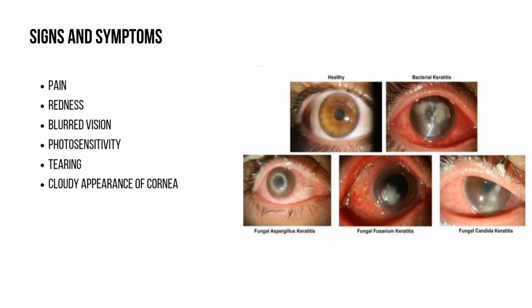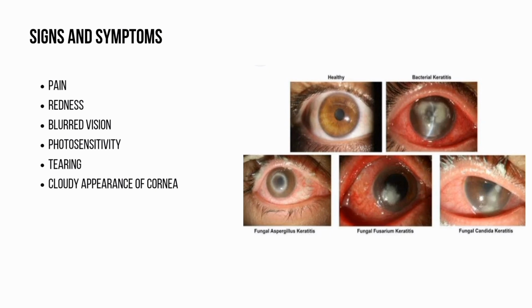Next, let's see the signs and symptoms of keratitis. First one is pain. Next, redness. It may also cause blurred vision and can make our eyes highly sensitive to light. And the single term which is used for the sensitivity is called photosensitivity. Cloudy appearance may happen to the cornea.